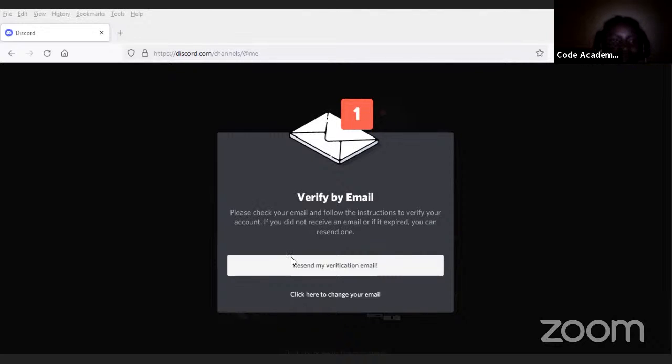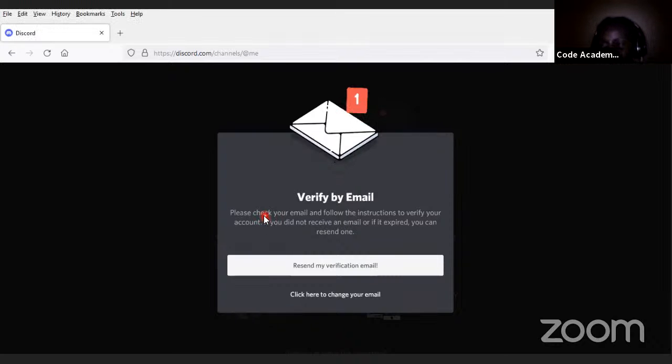Any of them can work, whether you're using Microsoft Edge or Google Chrome or Mozilla, it should be able to work. Now here is the thing, Fantasia, whenever something is telling you to verify, that means you need to access the email. So they've sent you an email. In the email you put, if you can't access it, then that is where the issues are.